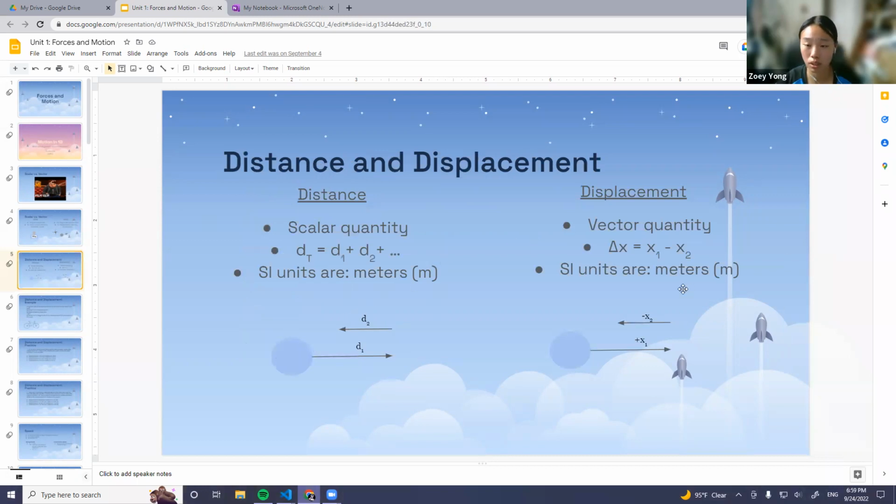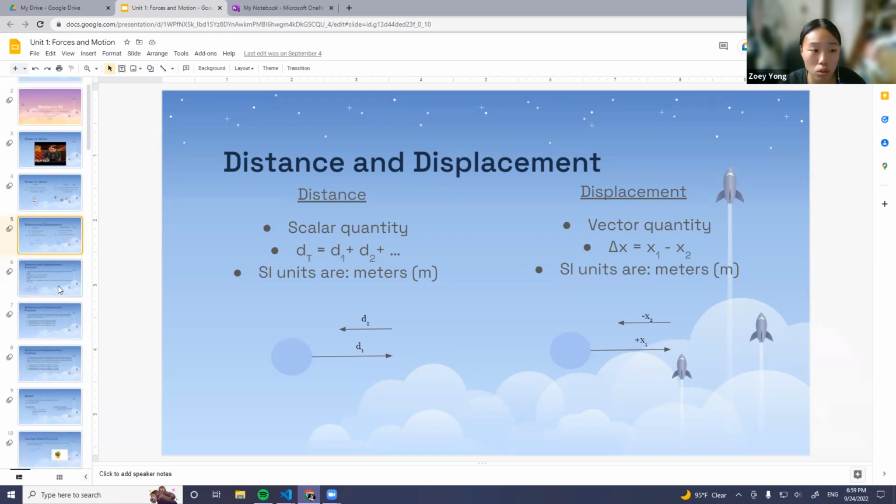And then displacement is where one way you call the positive direction, the other way you call the negative direction. So you find the net displacement. You can add and you can subtract, and displacement can be negative.